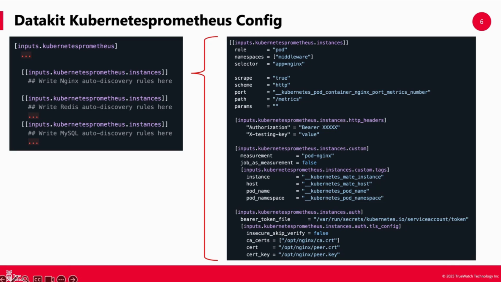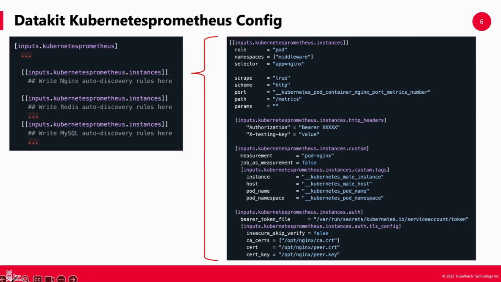In this mode, you do not need to edit and manage the annotation for each workload. All auto discovery strategies are centrally configured and managed in Datakit. This method can simplify the configuration work of the auto discovery function. You only need to configure and manage Datakit to implement the auto discovery function in your Kubernetes cluster.